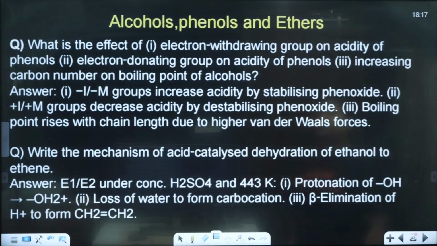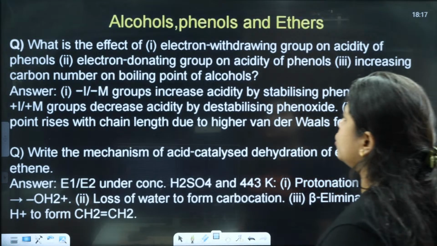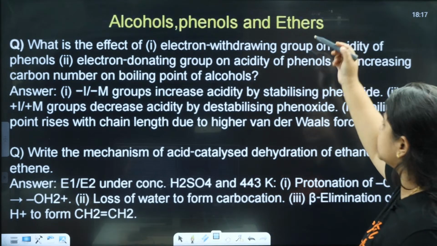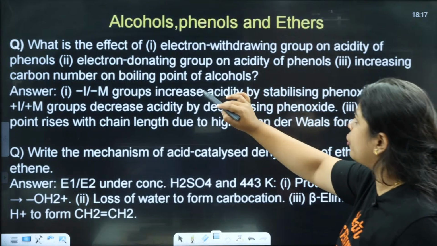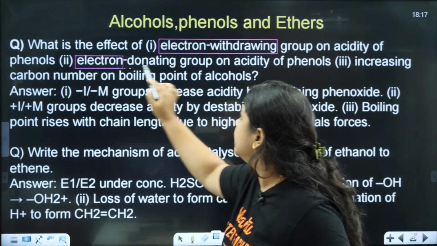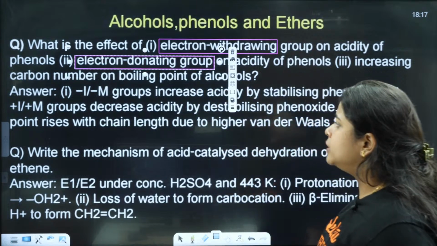What is the effect of electron withdrawing groups on the acidity of phenols? See, here they have asked electron withdrawing, and somewhere else electron donating, so that is what we should write.